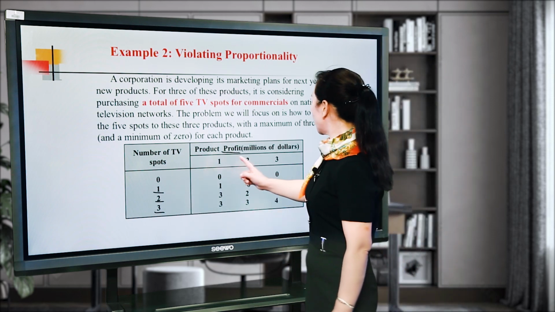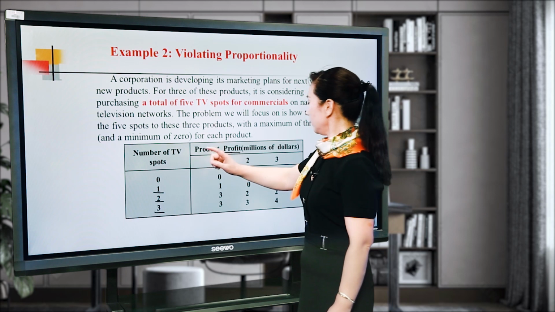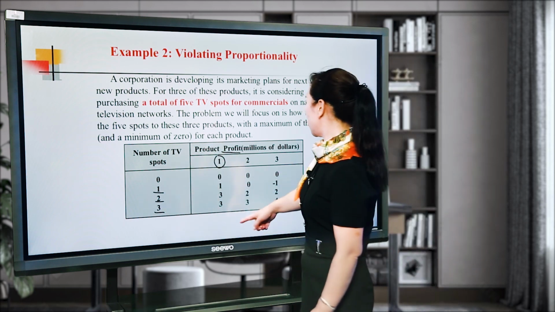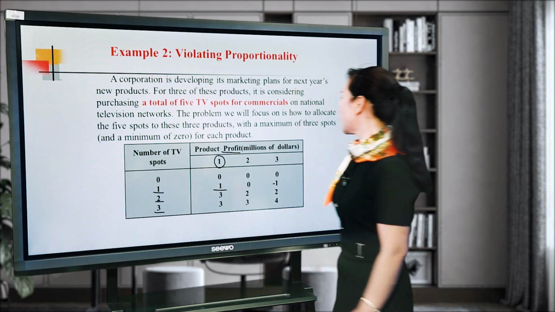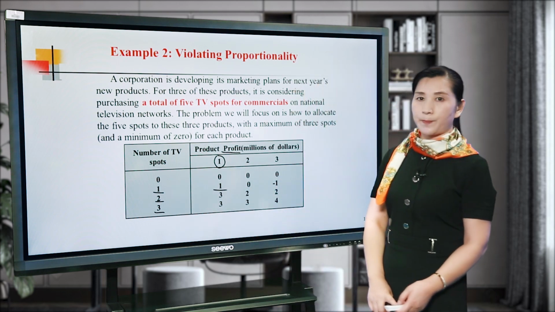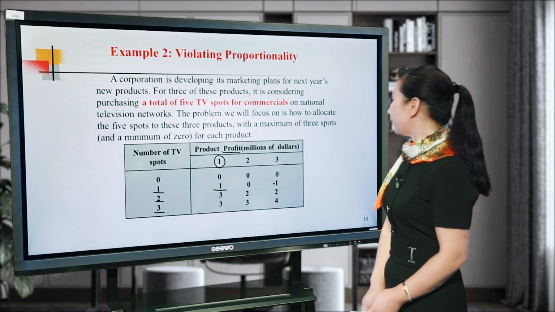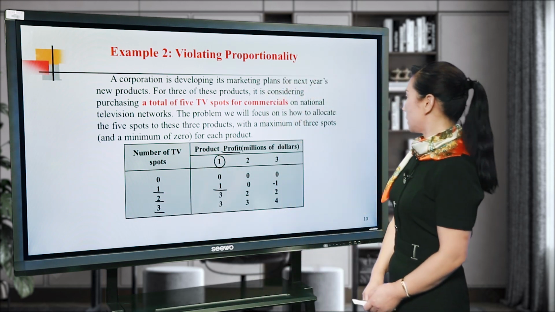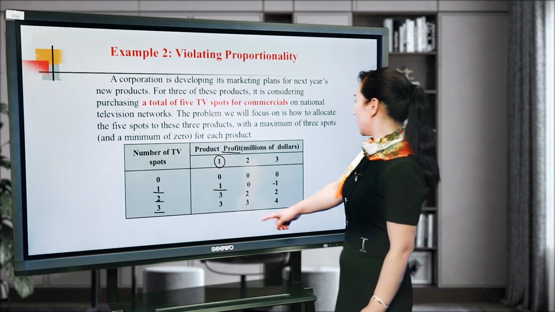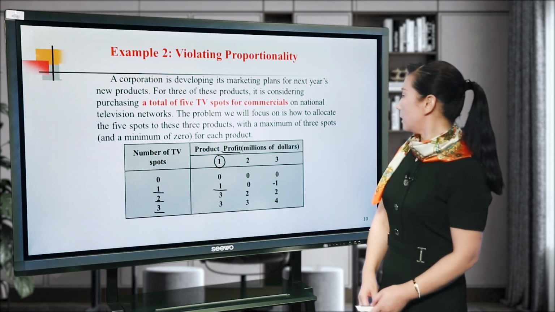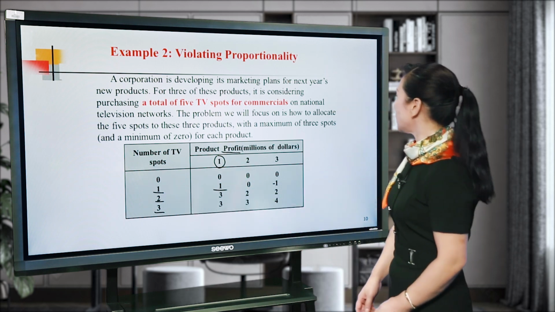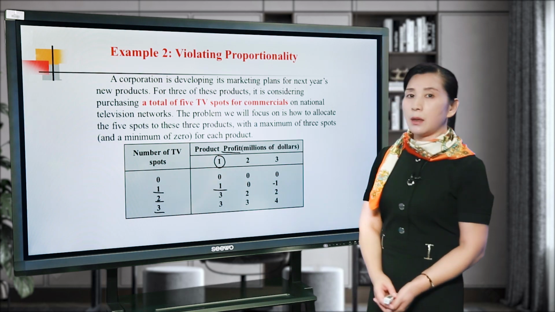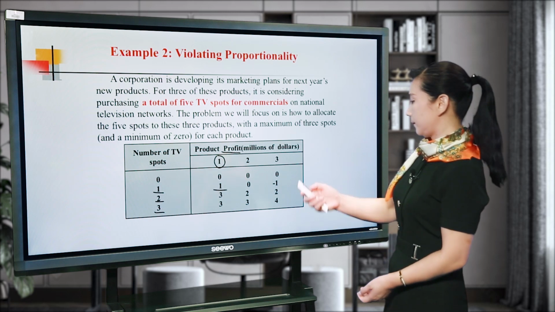For example, product 1 purchasing 1 TV spot may produce 1 million in profit. If you purchase 2 TV spots, it will produce 3 million in profit. So it is not proportional to the number of TV spots.